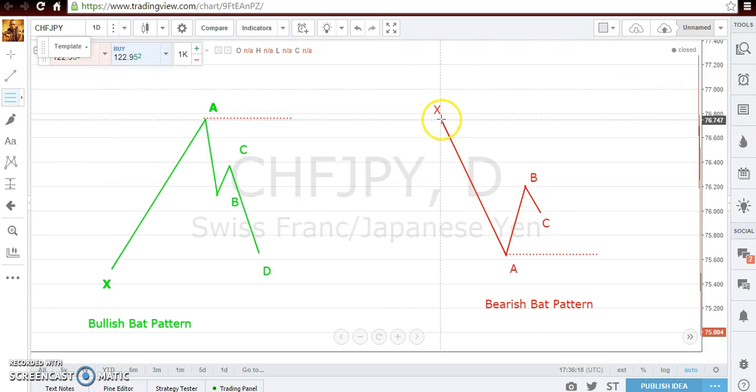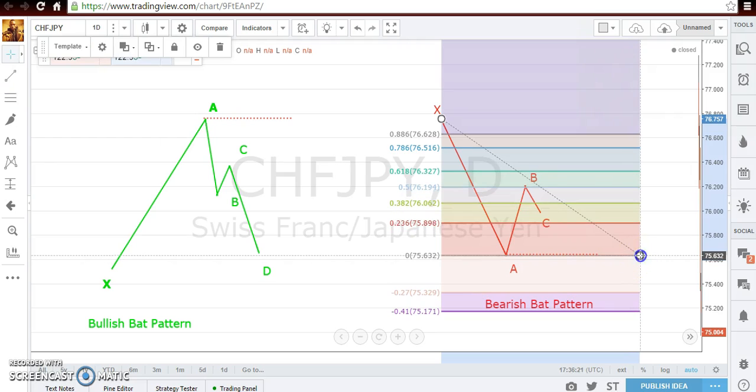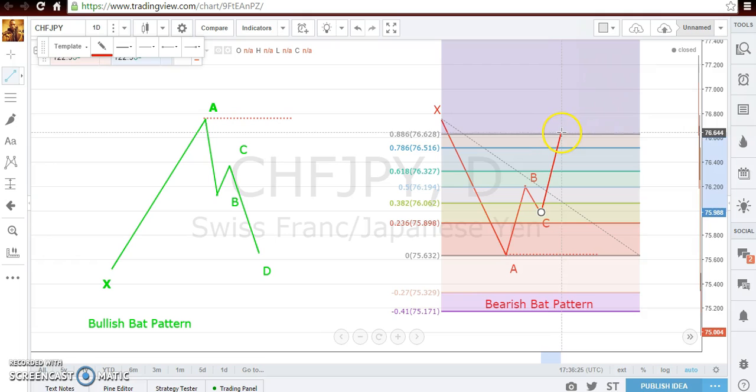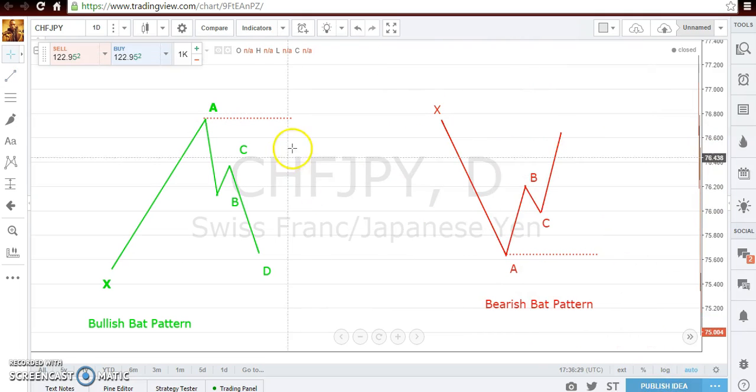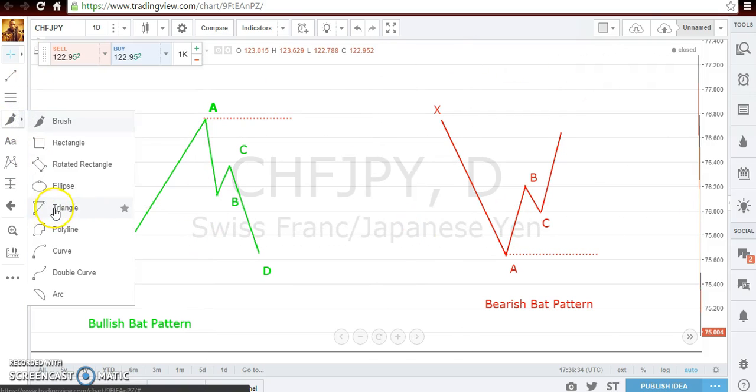Okay, let me bring in my Fibonacci first. X to A, and we're looking at the 886 retracement. So just for show, let me go ahead and complete this pattern using a proper triangle.